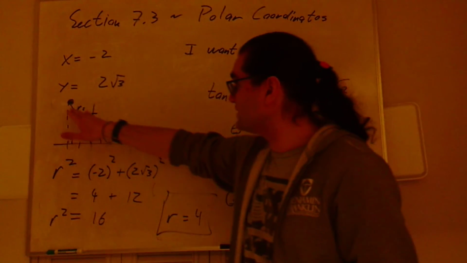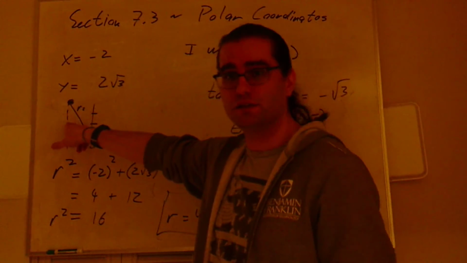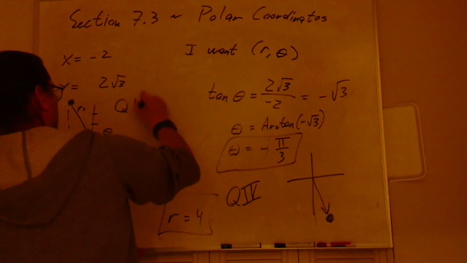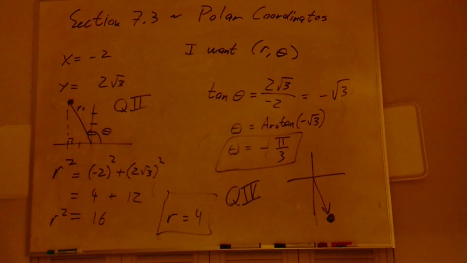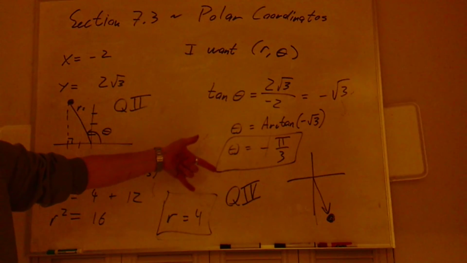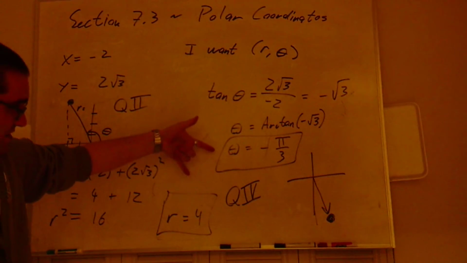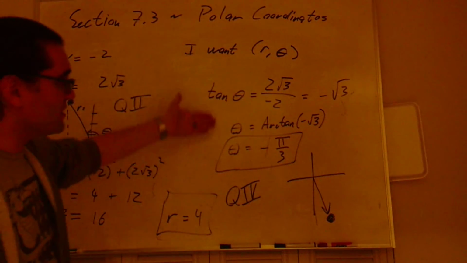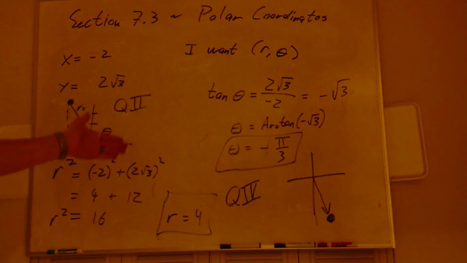The first thing I did when I got this problem was I drew it, and what I drew was a quadrant 2 point. If I start with a quadrant 2 point and try to tell MyMathLab that it's in quadrant 4, of course MyMathLab is going to tell me that I'm wrong. This is not correct. But these are the steps. How do you adjust the steps to account for something ending up in the wrong quadrant?